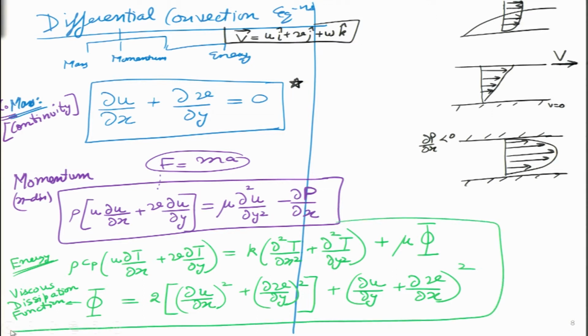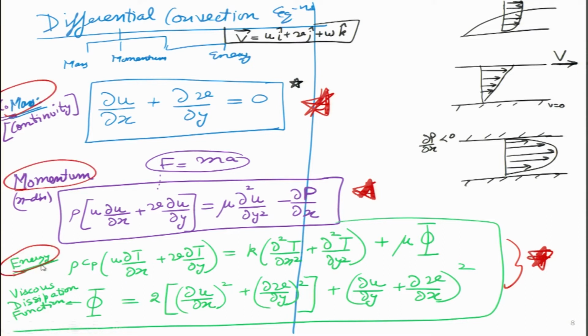So, these are the three equations. Let me highlight them with the red stars. This is equation number 1, this is equation number 2, and these two put together is equation number 3 over here. So, we have mass, momentum and energy equation, and this whole thing we are doing for the differential approach.